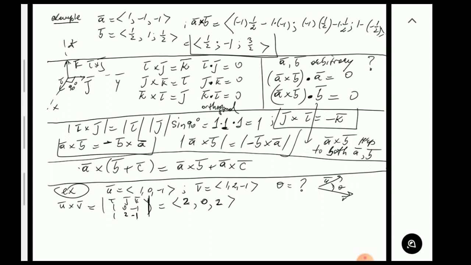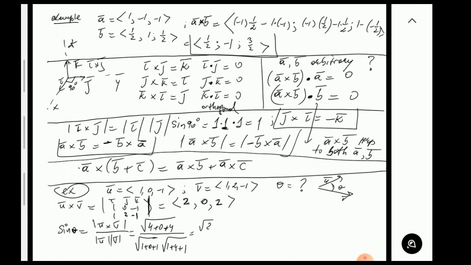So according to the formula for the sine of the angle between u and v, that's going to be the magnitude of u cross v over the magnitude of u times the magnitude of v. So on the top is square root of 4 plus 0 plus 4, over square root of 1 plus 0 plus 1, the magnitude of u, times square root of 1 plus 4 plus 1.